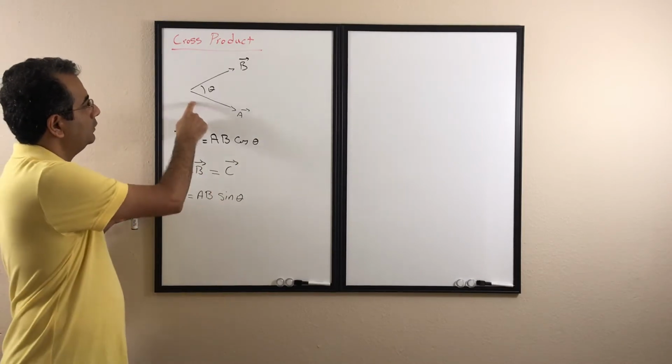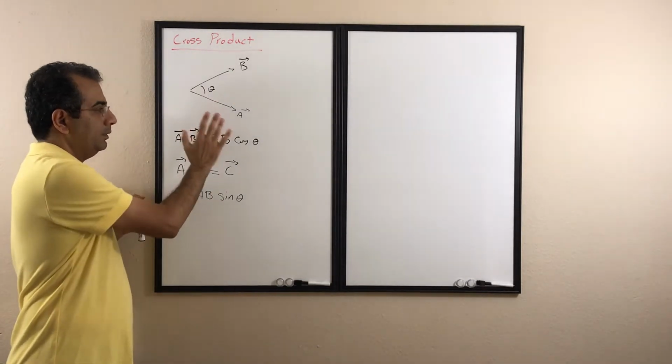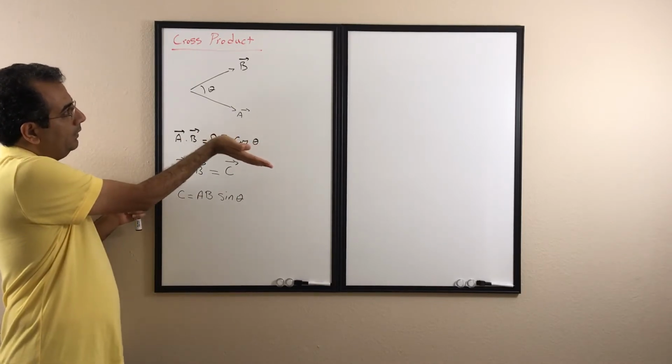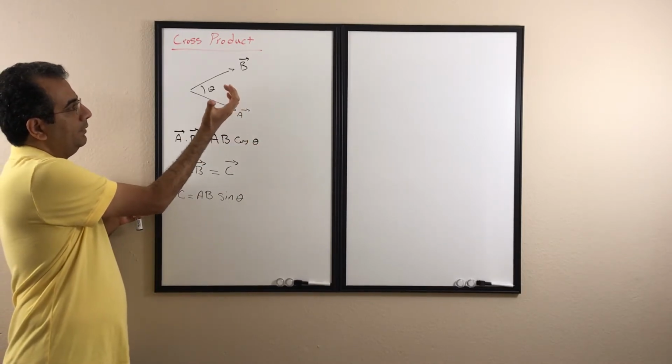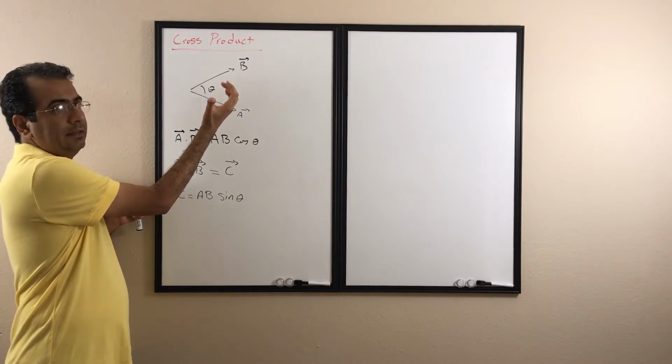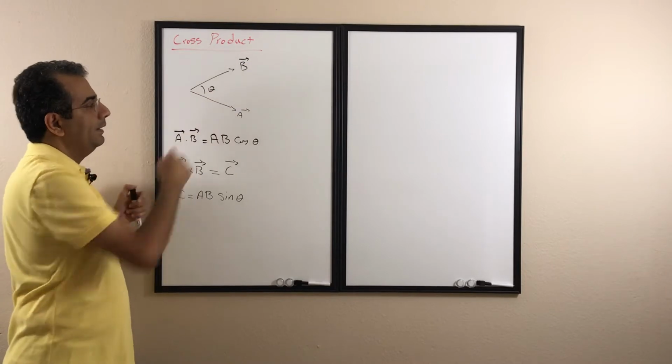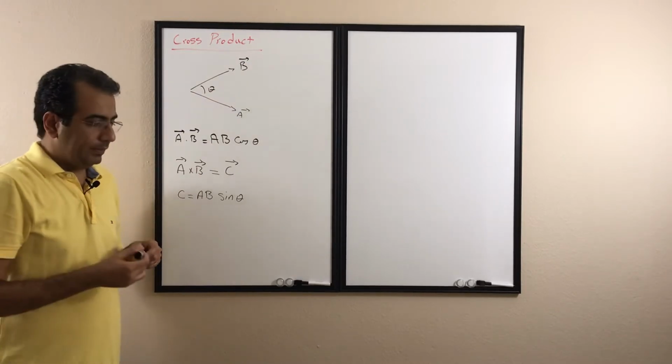For example, if A and B are both in the plane of the board, I put my forefinger along A, rotate it toward B, and then my thumb shows C. So C is normal to the plane that A and B are located in.